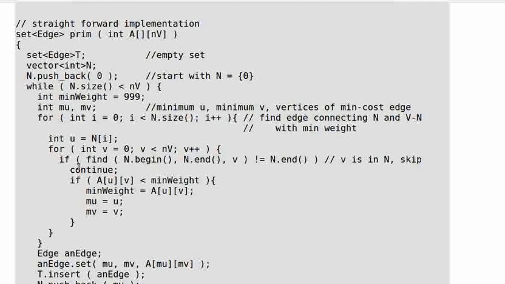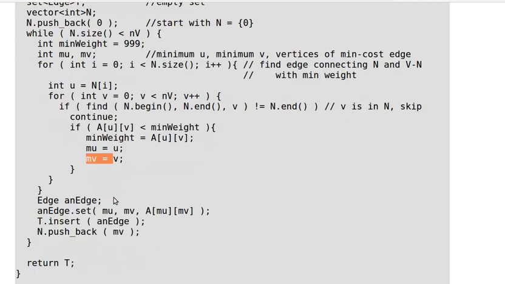And if V is in V minus N, and if the weight of the edge is smaller than the minimum weight found so far, then we update the minimum weight to the weight of the edge, and the minimum U is that U, the minimum V is that V. So we examine all the vertices in V minus N, and eventually we get the minimum weight edge.